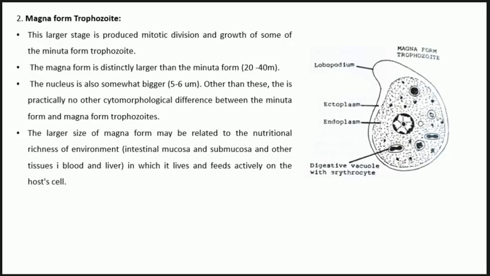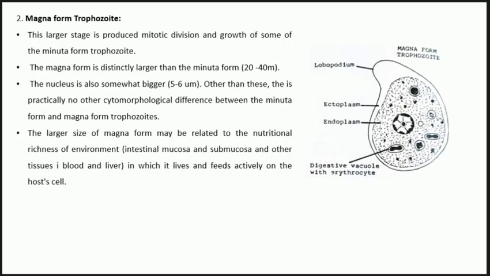Sorry, it is 20 to 40 micrometer, not meter. It's my mistake. The nucleus is also somewhat bigger, which is 5 to 6 micrometer. There is no other cytomorphological difference from the minuta. Other than this, you don't see anything.